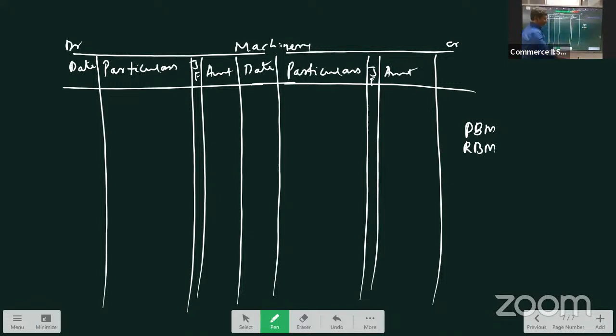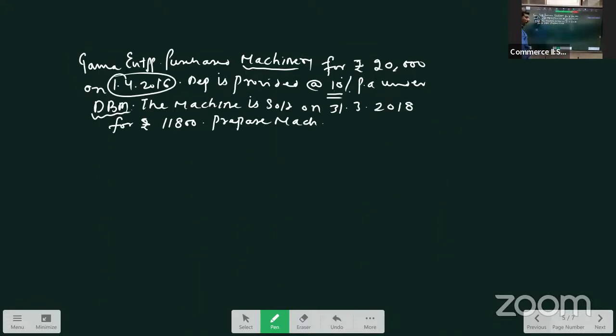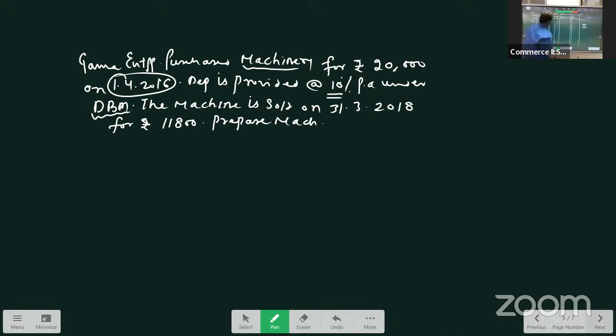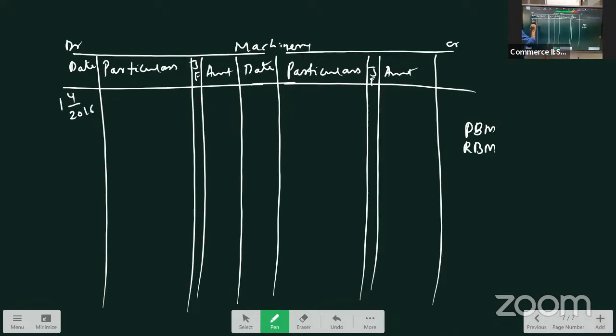Remember when the asset was purchased? Let us have a look at the question. The asset was purchased on 1st of April 2016 for 20,000. When any asset is purchased, write it on the debit side; when any asset is sold, write it on the credit side.